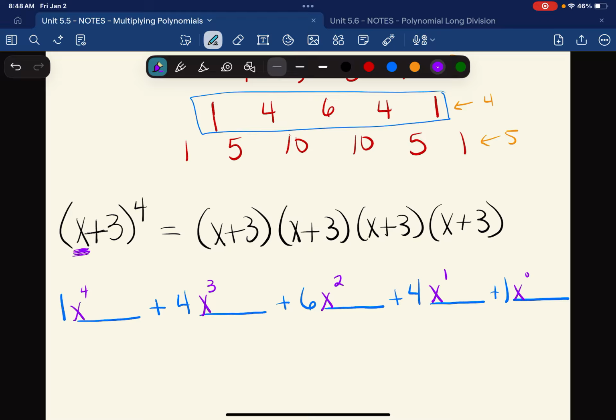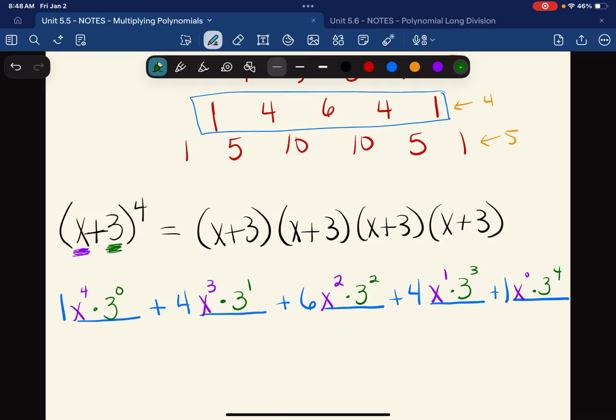Then I want you guys to take the second term that we have in this binomial expansion. Let's use green. So we have 3, okay? So we're going to start out with multiplying by 3 to the 0 power. So the second term in our binomial we take to the 0 power. Then we're going to multiply by 3 to the first power, 3 squared, 3 cubed, 3 to the fourth.